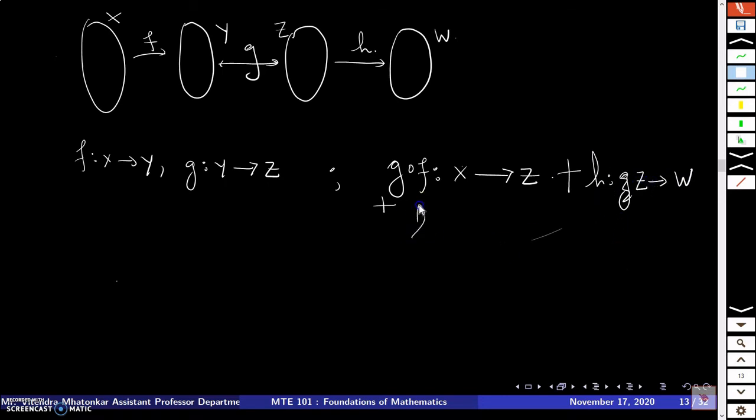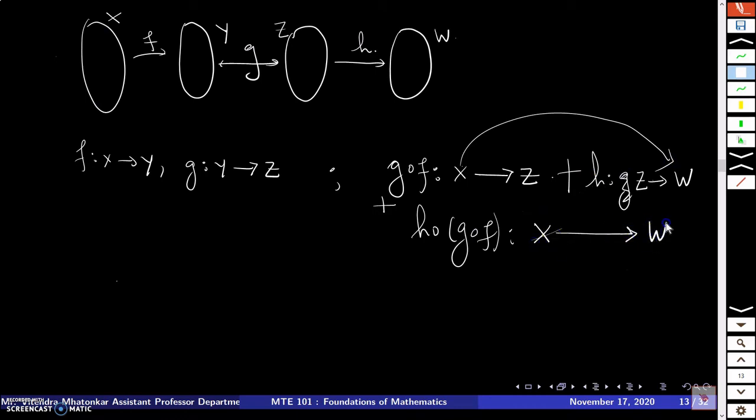So I can talk about h composite g composite f, and that will be a function from X to W, right? Because the codomain of g composite f is the same as the domain of h. So this is one thing.